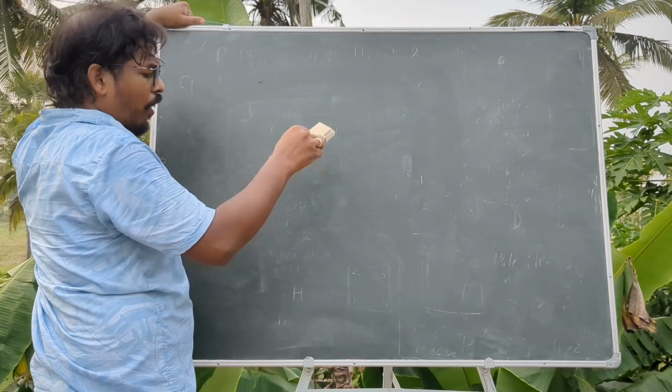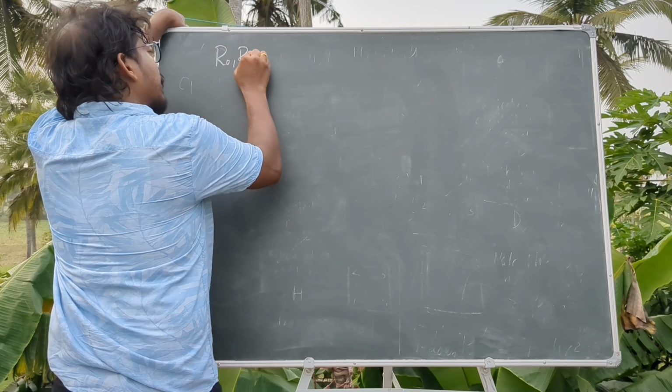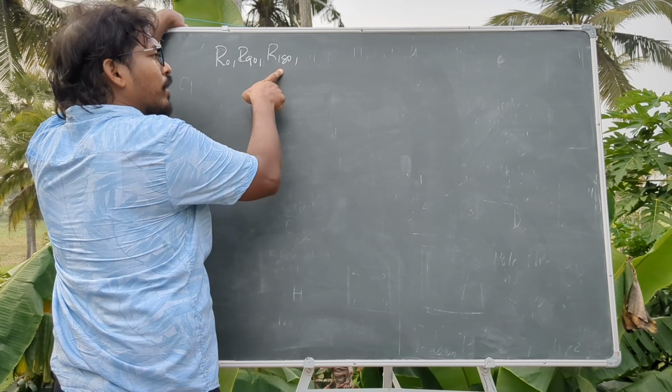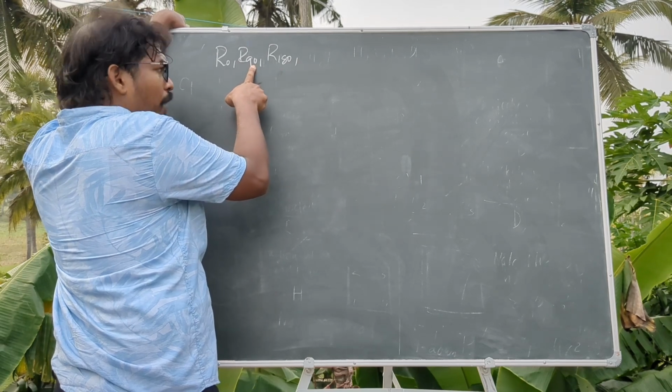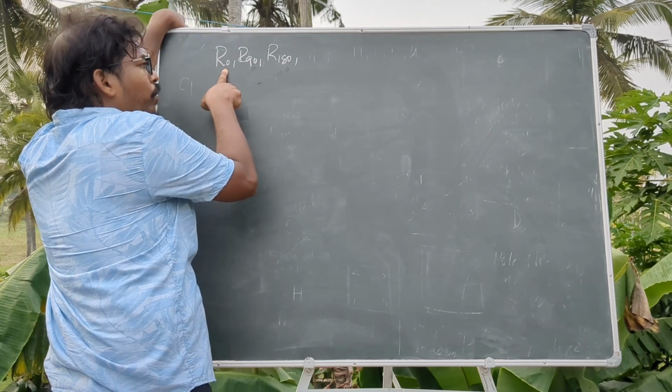Let us consider all the motions we have got. R0, R90, R180, these are rotations, 90 degree anti-clockwise, 180 degree anti-clockwise, and R0 is doing nothing, 0 degree rotation.